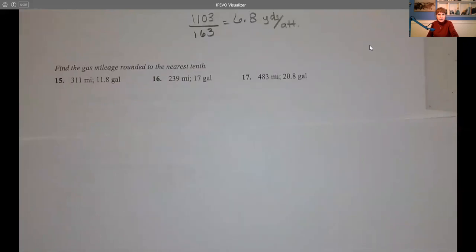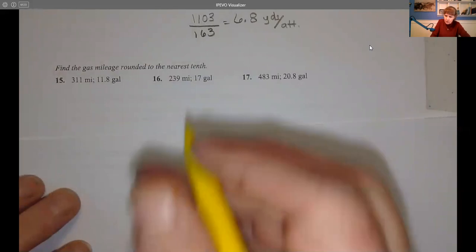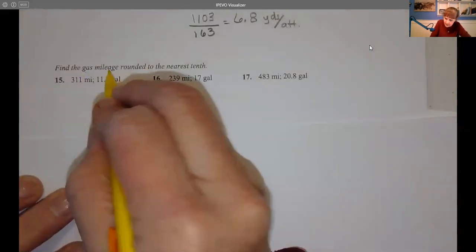All right. So here, find the gas mileage rounded to the nearest 10th. When they want you to find the gas mileage, it's the miles per gallon. And if you look at the price of gas, you'll want to have something that has a high gas mileage. So notice what I said, miles per gallon is what you want when you want gas mileage.